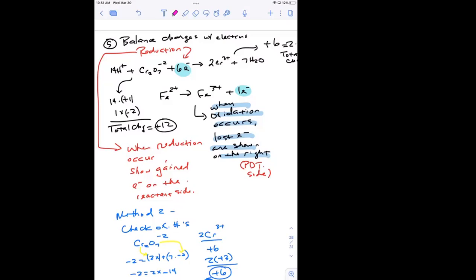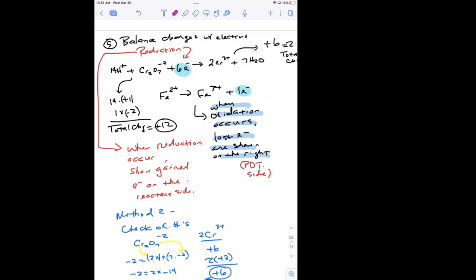When you show oxidation, you want to put the electrons on the right side of the arrow. That's on purpose. So you'll know what got oxidized and what got reduced. So iron got oxidized. So by default, because it's the one that got oxidized, it is the reducing agent because it's giving up electrons so that chromium can be reduced.